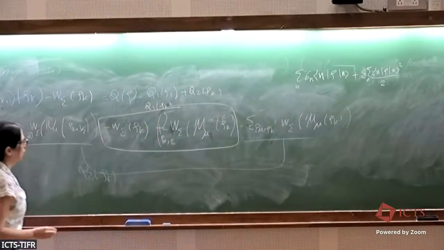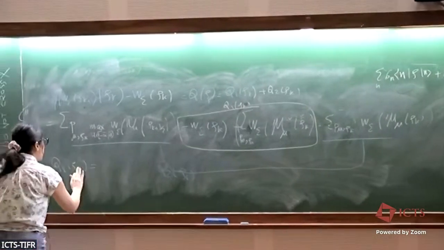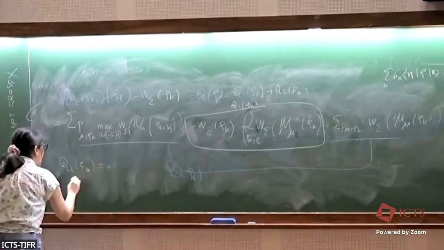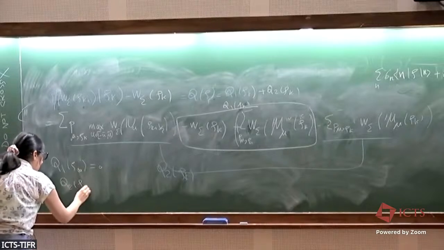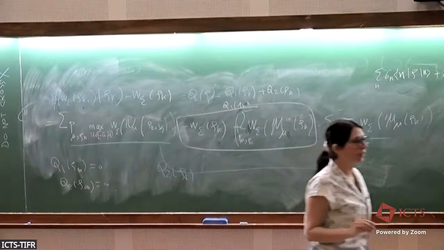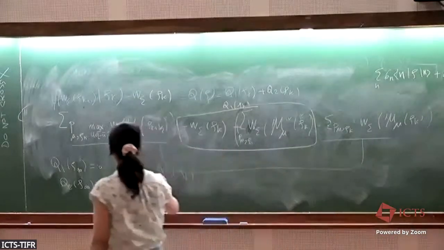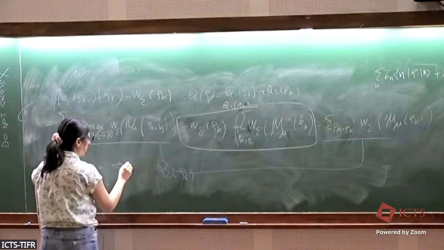And by the invariance argument, you know that the limit set is included in the set where Q is 0. So this means that Q1 of rho k is 0 and Q2 of rho infinity should be 0. But Q1 of rho infinity is 0, and you know that the only states which verify Q1 of rho infinity equal to 0 are the set of Fock states n. This comes from the open loop, the previous calculation.